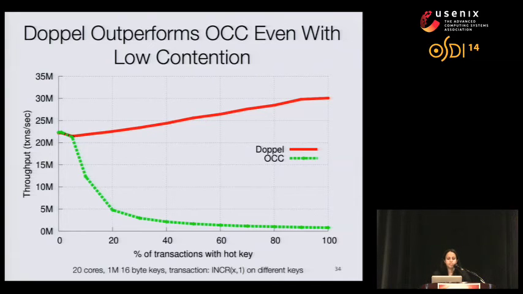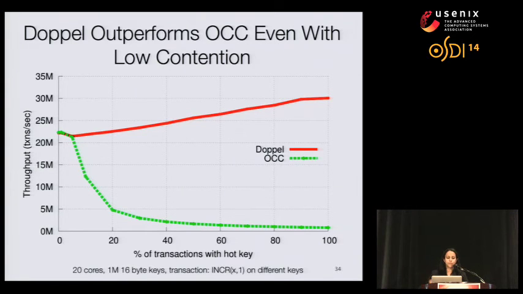Now we'd like to answer the question of how much conflict regular concurrency control can tolerate before we start to need something like phase reconciliation. This graph shows throughput varying the percentage of transactions that write to that one hot key. Previously, all transactions were writing to that one hot key. Here, at the far left, all keys are being accessed uniformly, and there's a million of them.